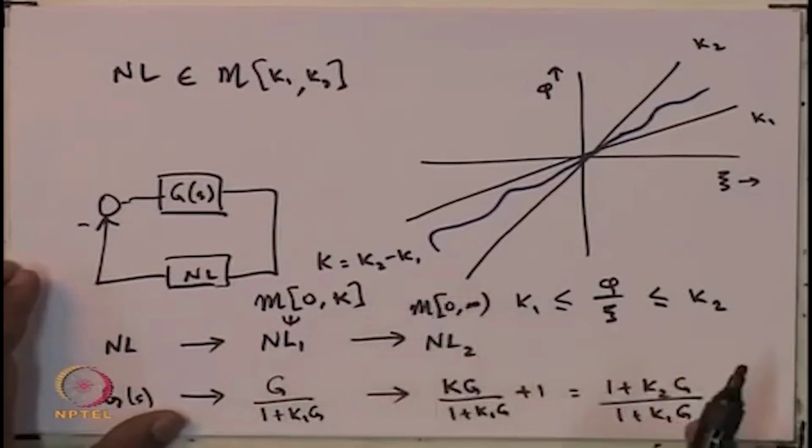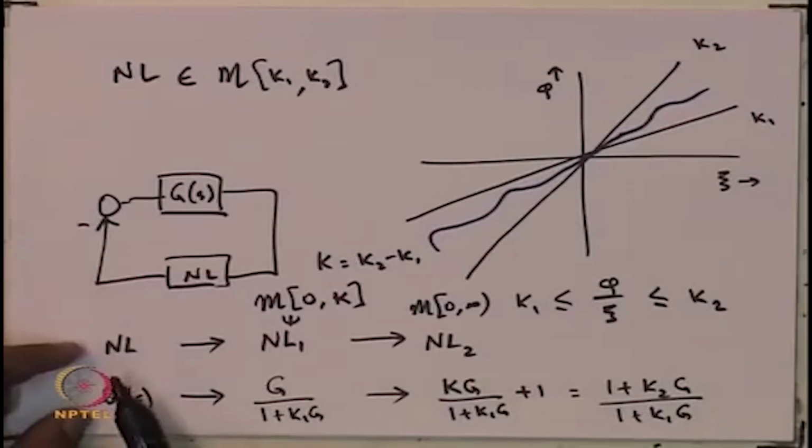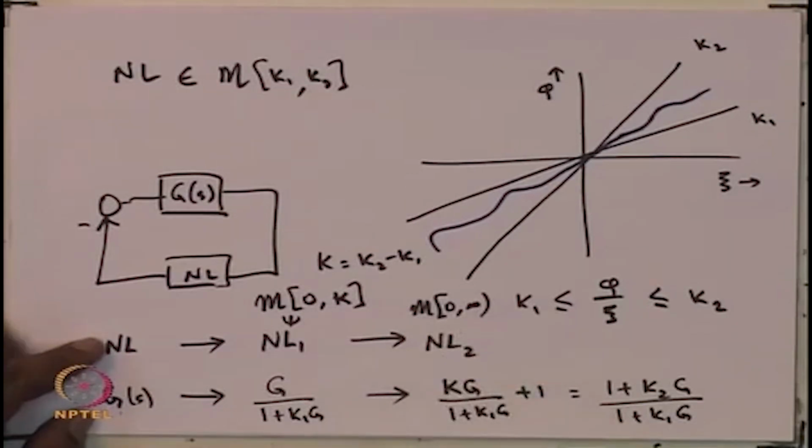Okay. So, now this nonlinearity with this plant, which is 1 plus K2G upon 1 plus K1G, this feedback interconnection between this linear plant and this nonlinearity is exactly the same as the interconnection between this original plant and this nonlinearity. And because this nonlinearity is in the 0 infinity sector, we now can use the passivity theorem.